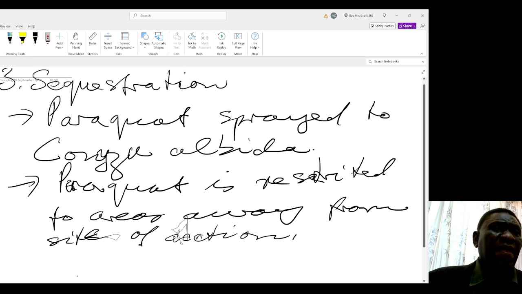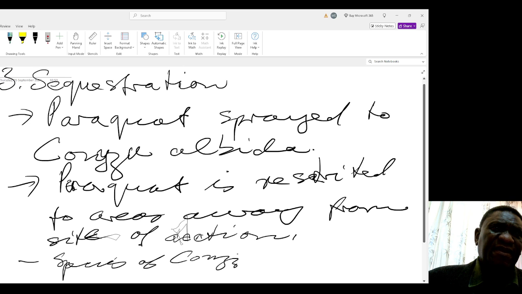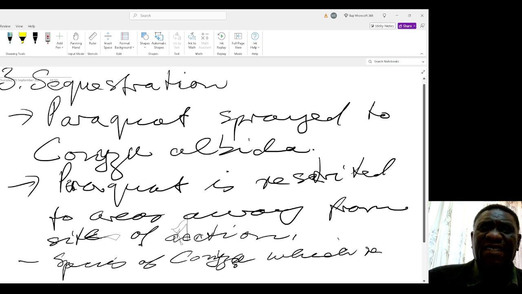So you have a species of Conyza which resists paraquat.